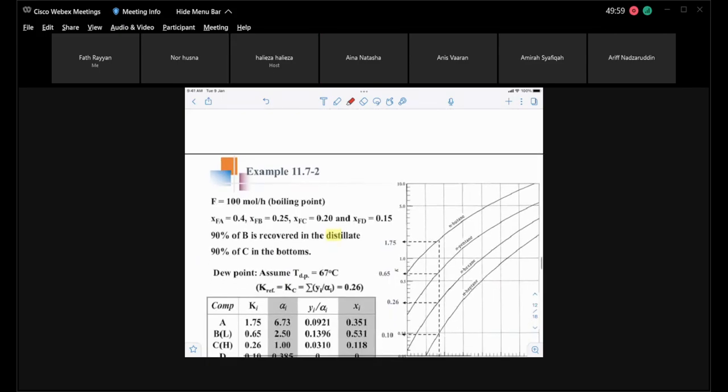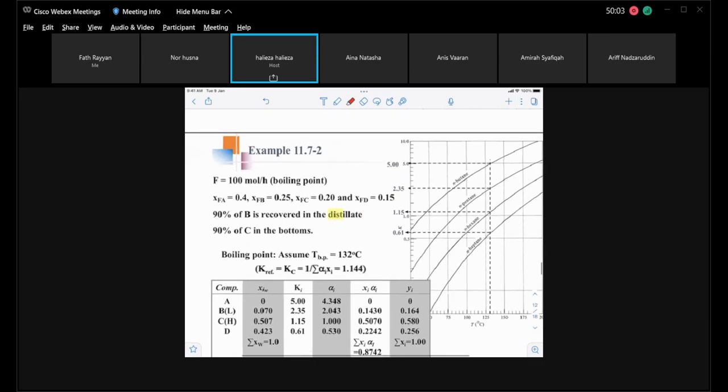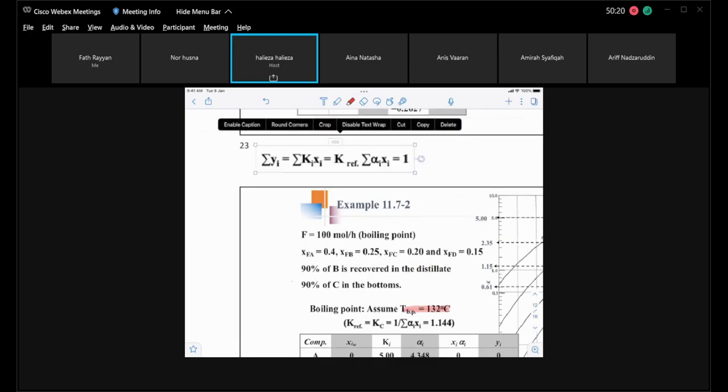Yeah, now this is my boiling point. I'm going to assume this as my first assumption, my boiling point. Let me put the equation over here. This is the equation that we were looking at for boiling point.